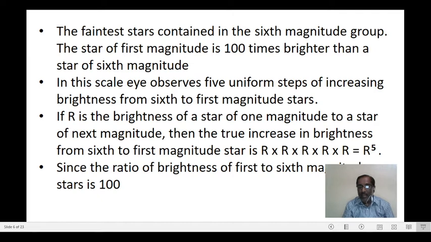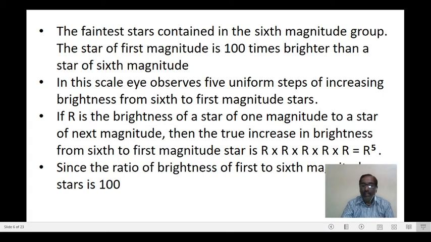If R is the ratio of brightness of a star of one magnitude to a star of next magnitude, then the true increase in brightness from sixth to first magnitude star is R into R into R into R into R equals R to the power of 5. But the ratio of brightness of first to sixth magnitude stars is 100.